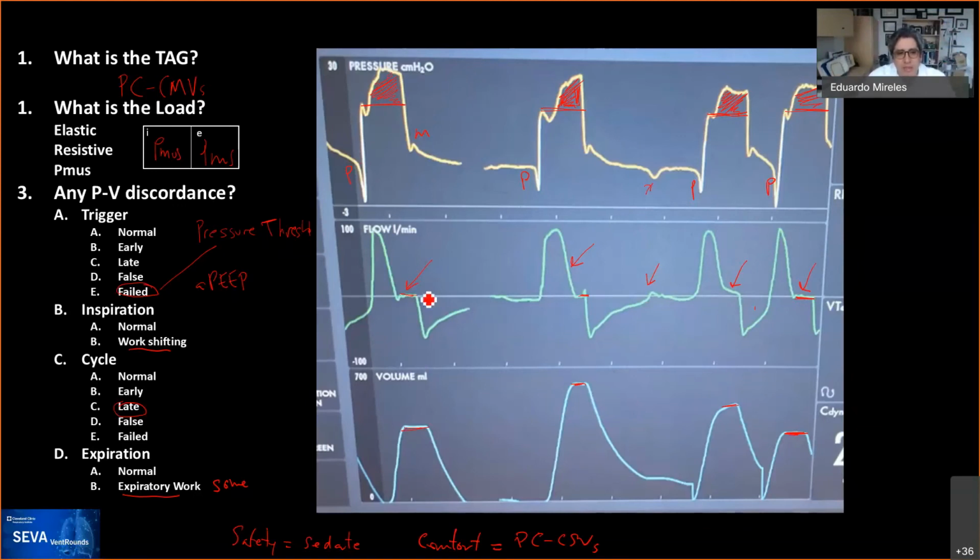That's what you expect to see, and that's what you're seeing there. And then the patient exhales, boom, and it decays exponentially until it has this work event from the failed trigger. And this one is definitely an expiratory work.